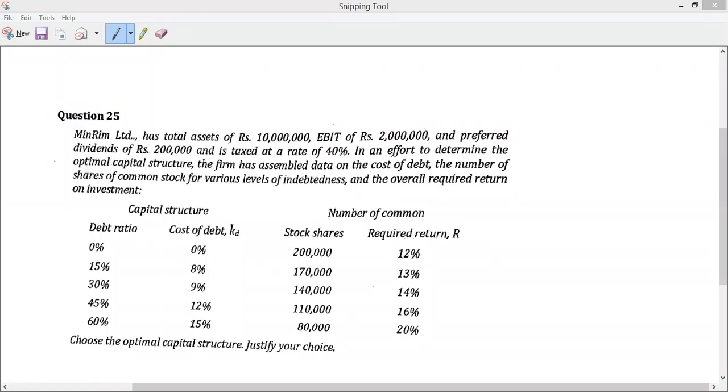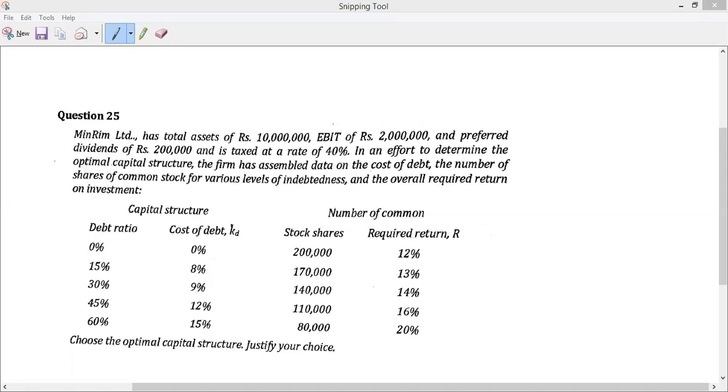So 15% of 1 crore comes to 15 lakhs. And 8% of 15 lakhs, we have to calculate and deduct from EBIT. That's how we calculate net income.